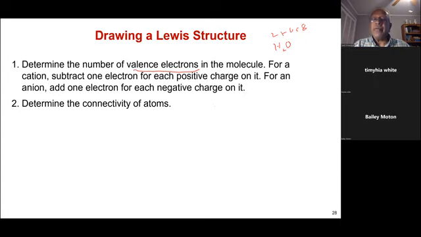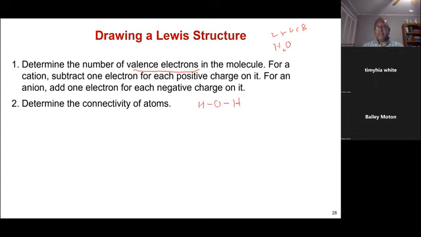Connectivity is important. What do you mean by connectivity? The middle atom is selected. Oxygen is the big atom, so you connect the middle atom to the hydrogens: hydrogen here, oxygen here, hydrogen here.